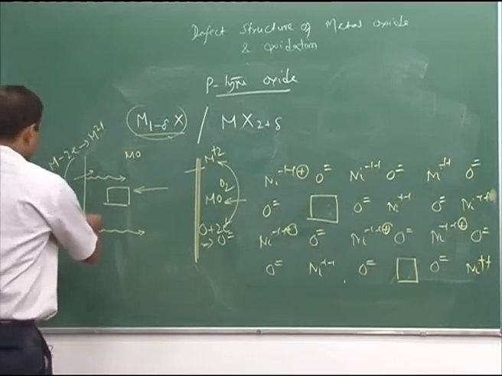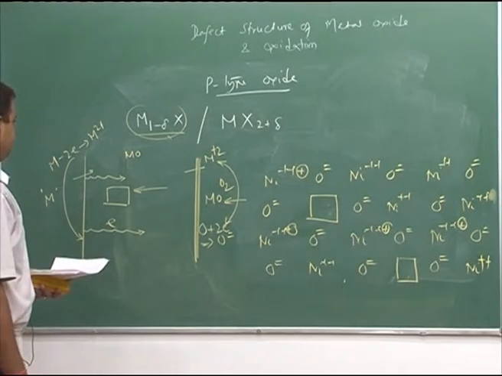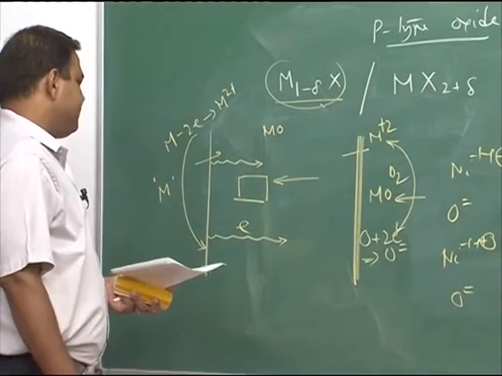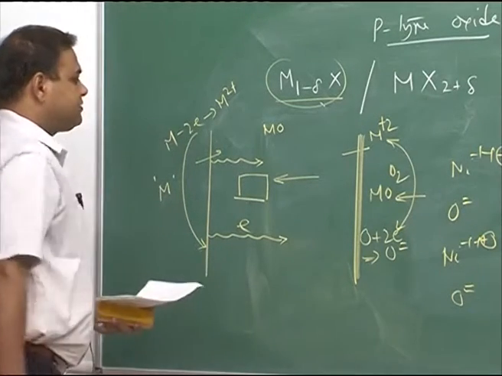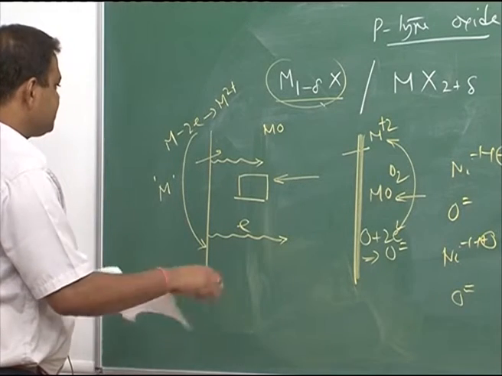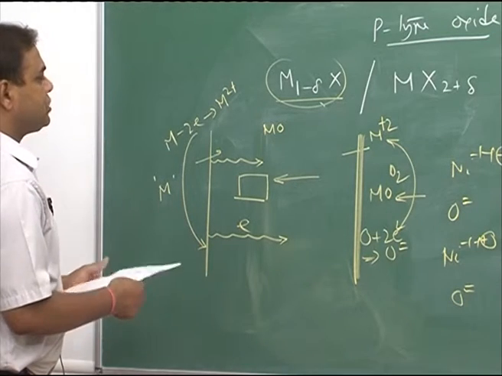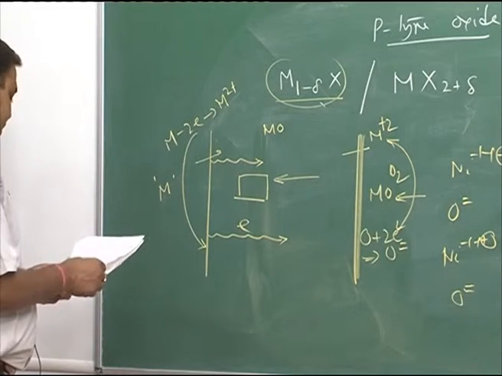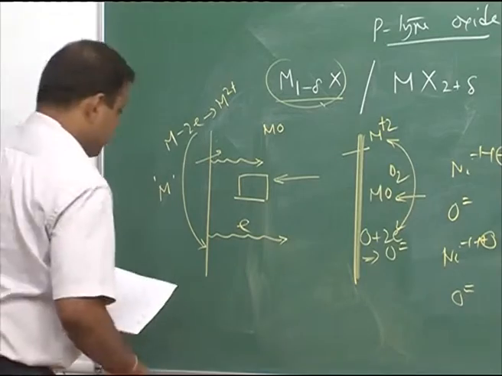But this electron transfer which is taking place here is not what we have seen in the case of n type oxide. The electron transfer is taking place by exchange of electrons via the electron hole. How the exchange of electrons through the electron hole takes place, let us see that process.